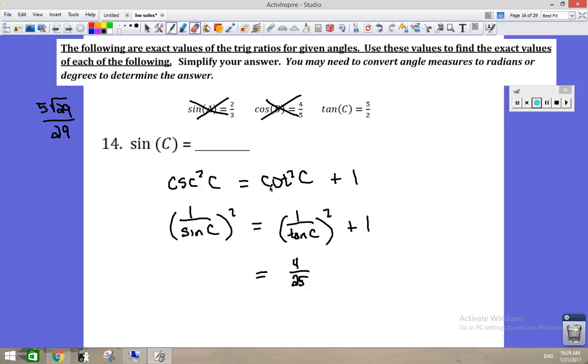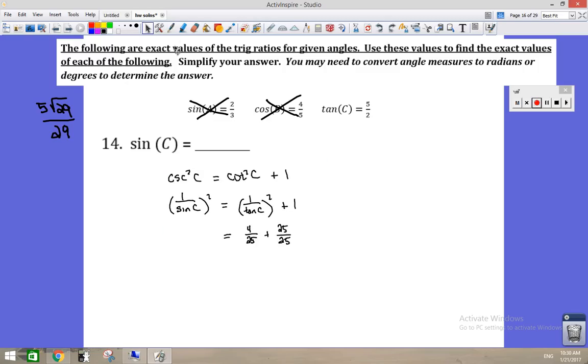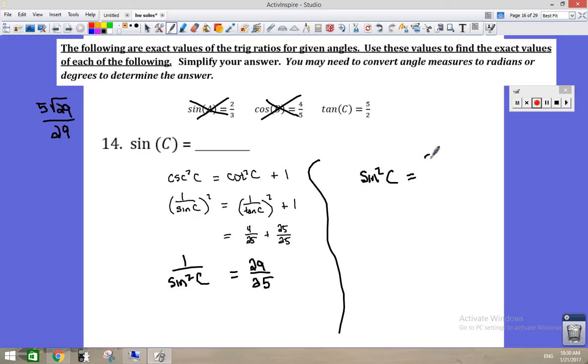then I can write 1 as 25 over 25. Maybe I shouldn't skip so many steps. If I add 1, I've got 29 over 25. So on this side I have 1 over sine squared. If I flip that side, I have to flip this side, and by flip, I mean reciprocal.